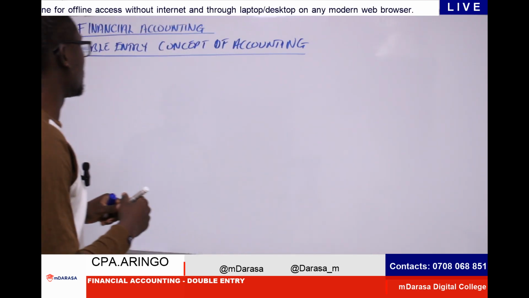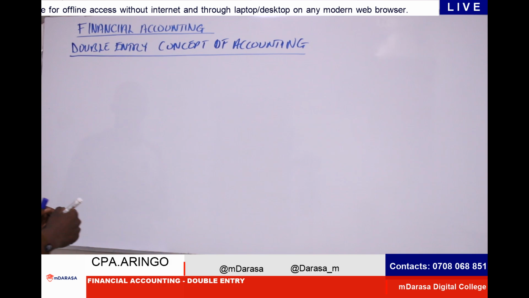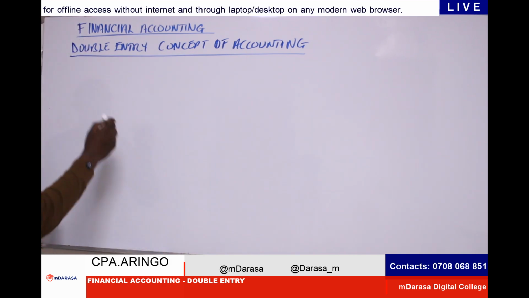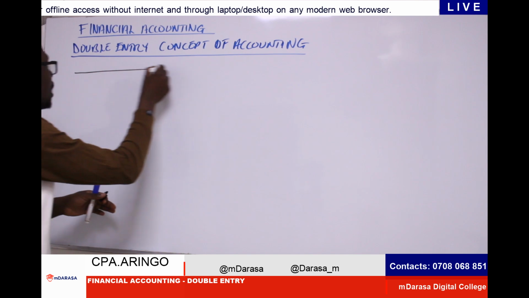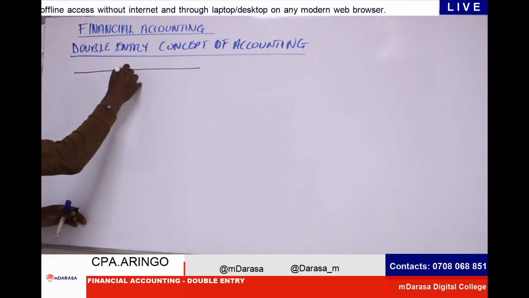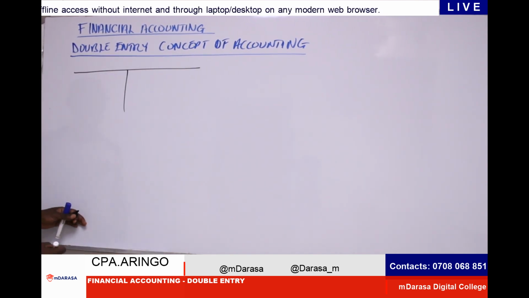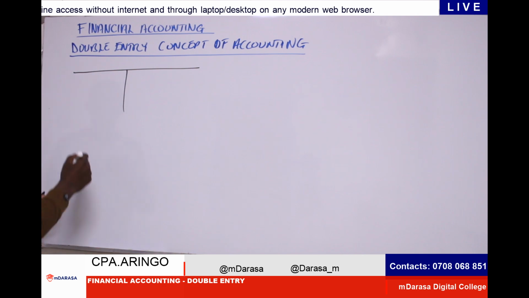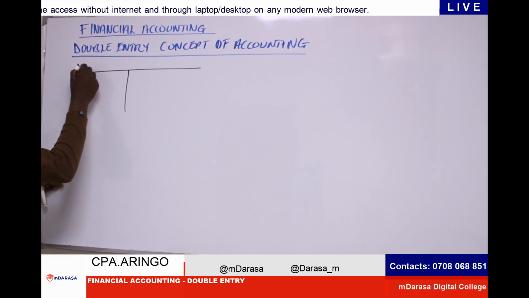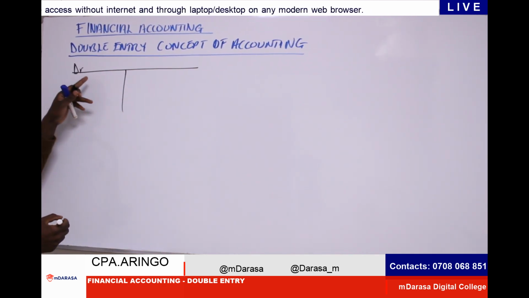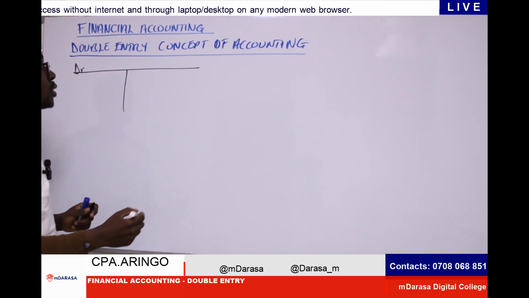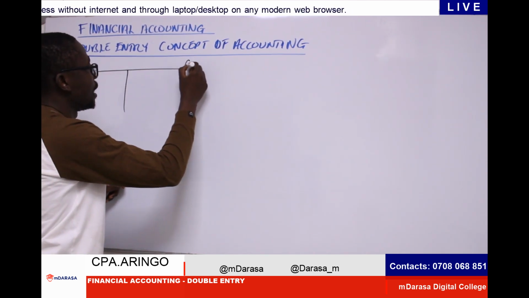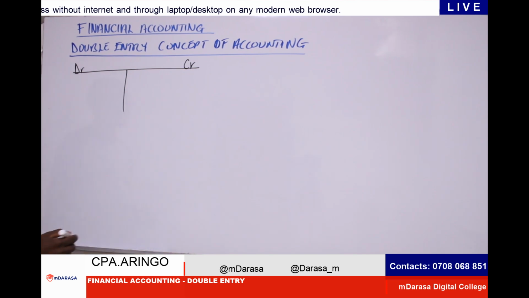In this case, my good students, we will be looking at the concept of an account, which will always have two forms. The left side, we normally refer to as the debit, DR, whereas the right side we refer to as the credit, CR.